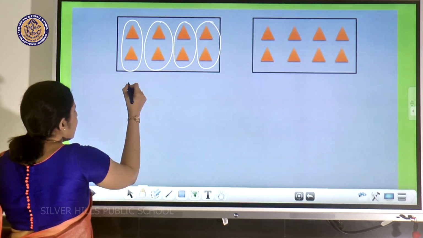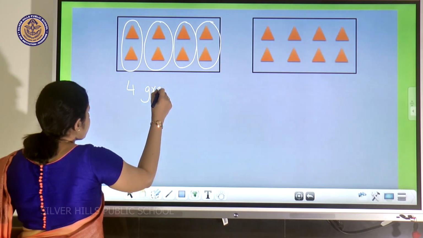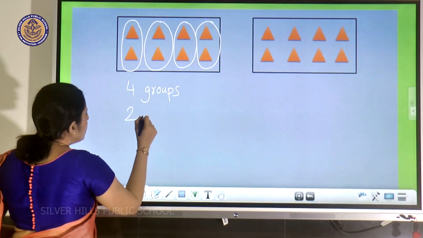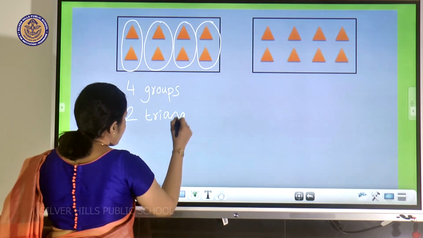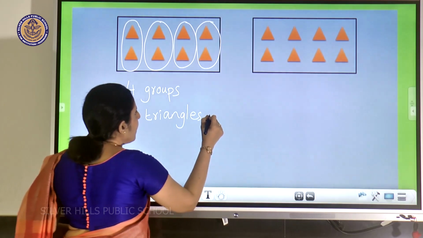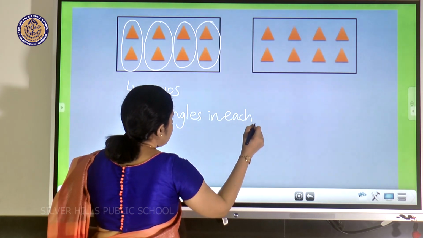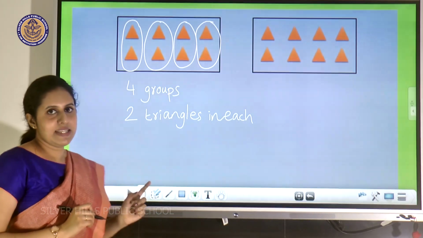So, I am going to write it like this. 4 groups, 2 triangles in each.